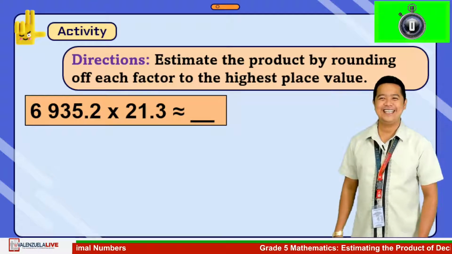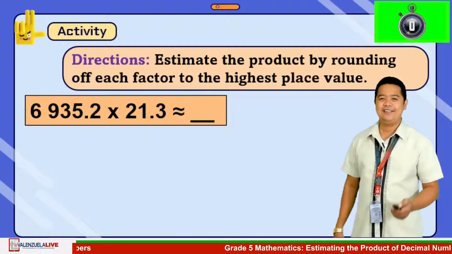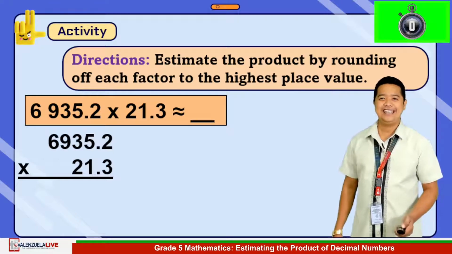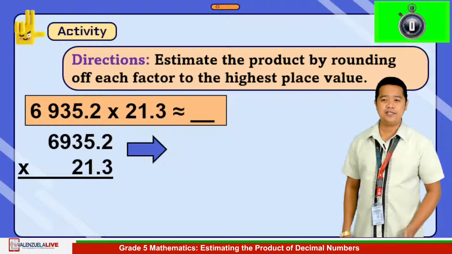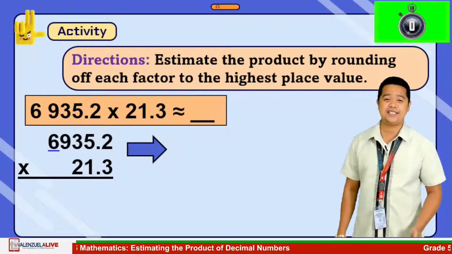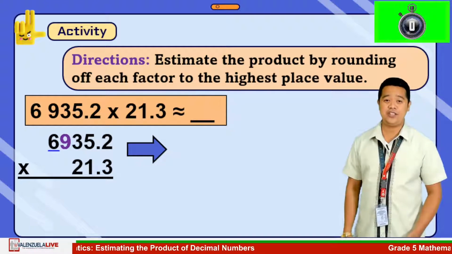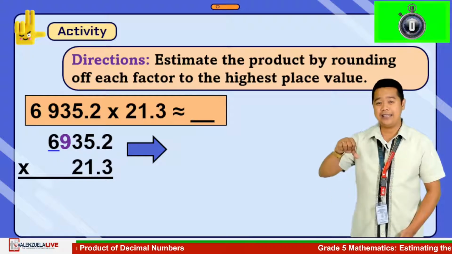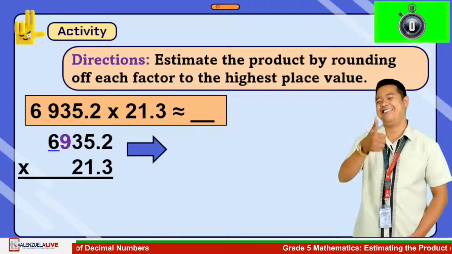Time's up. So again, write the factors in column. Then get the rounded factors. And then the number to be rounded off is 6, followed by 9, which is again greater than 5. We will round down or up. Okay, round up.